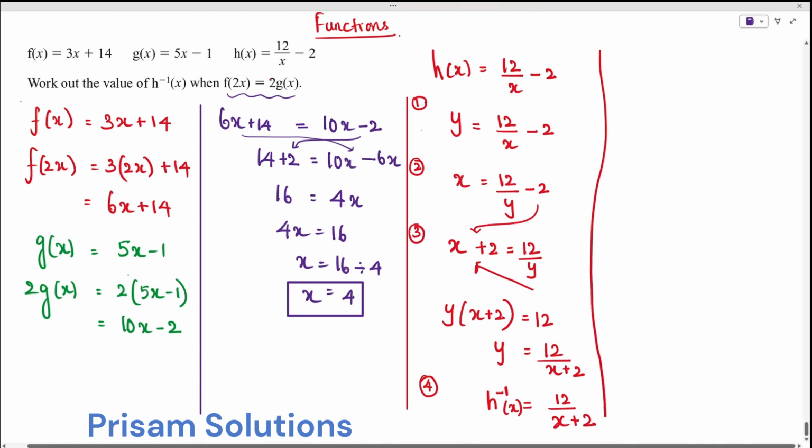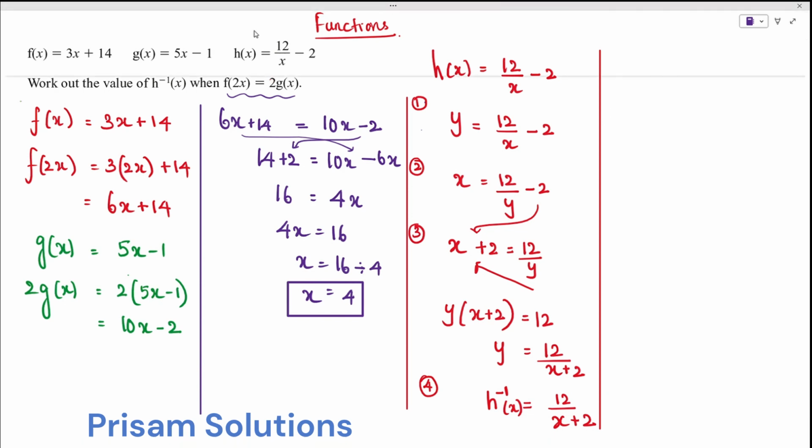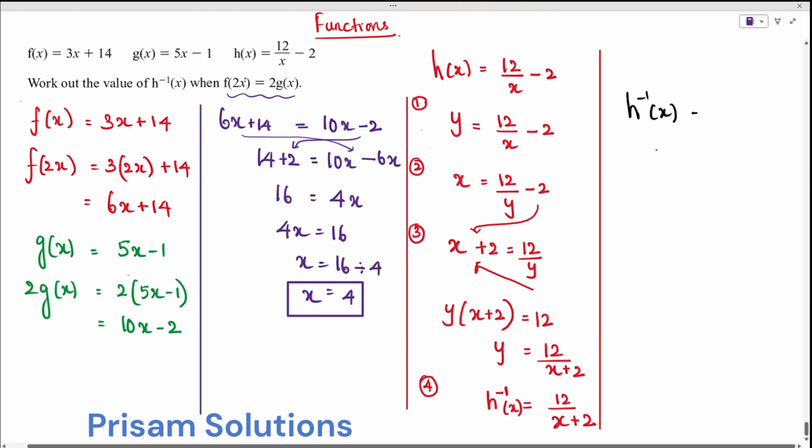Now we're going to do the final step in our question, where we substitute our value of x, which we have found out to be 4, into our h inverse of x function. So h inverse of x we have as 12 over x plus 2.